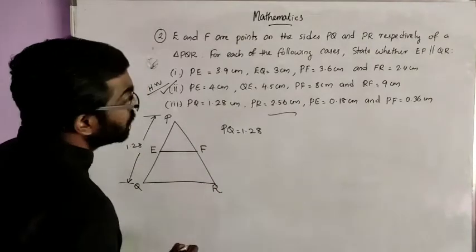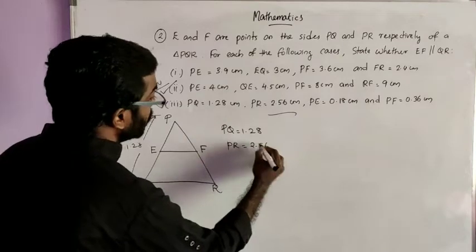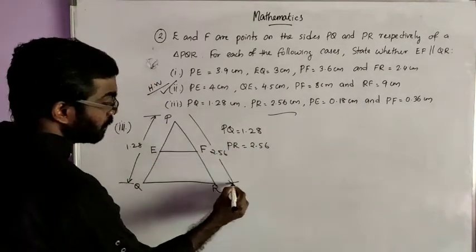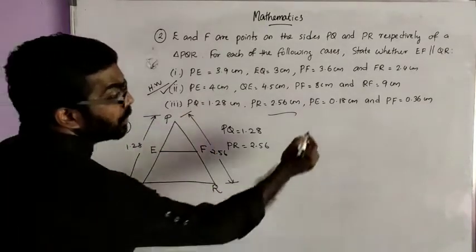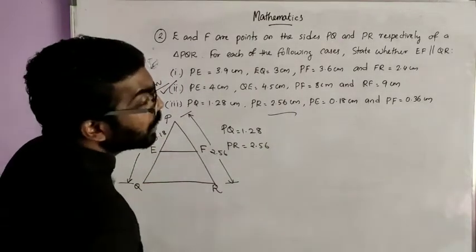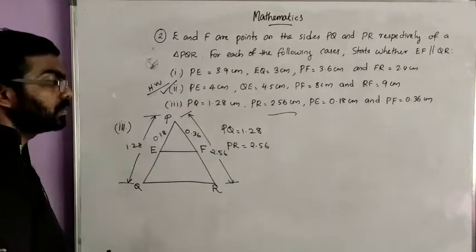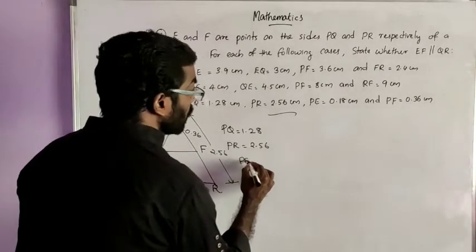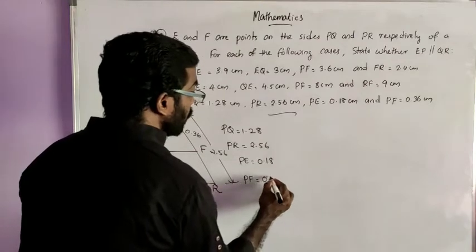And PR is equal to 2.56, the total distance PR. Then PE is equal to 0.18 and PF is equal to 0.36. So here we can write PE is equal to 0.18 and PF is equal to 0.36.